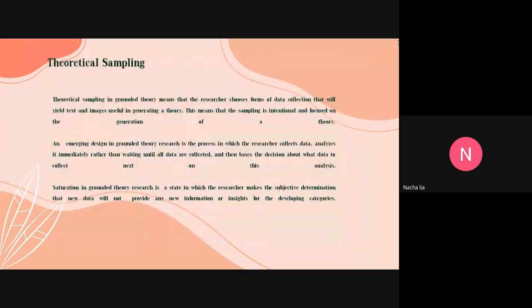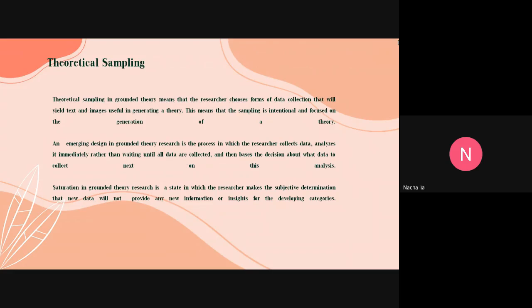The second one, theoretical sampling. Theoretical sampling in grounded theory means that the researcher chooses forms of data collection that will yield text and image useful in generating a theory. This means that the sampling is intentional and focused on the generation of a theory.